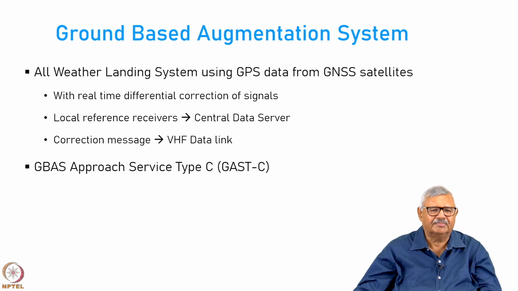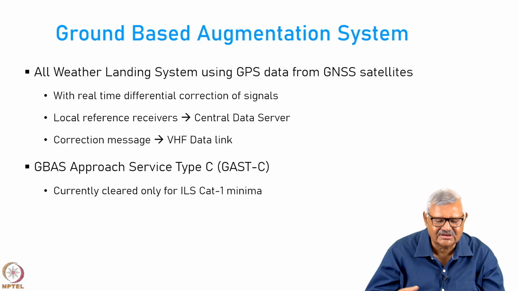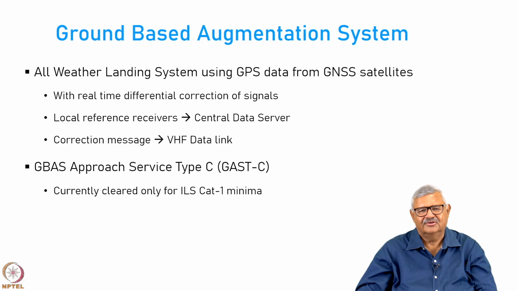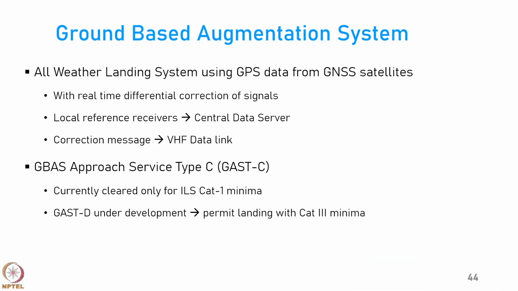The GBAS approach service type C, that is called GAST-C, is currently used only for ILS Cat-1 minima. But more and more research and more and more trials are happening, so that GBAS systems can be used for higher categories of ILS also. There is something called GAST-D, which will permit landing with Cat-3 minima.